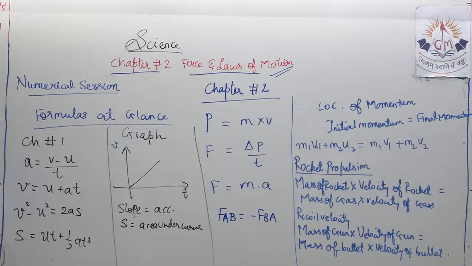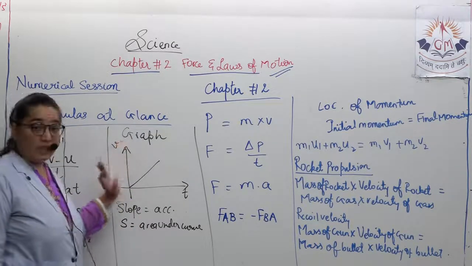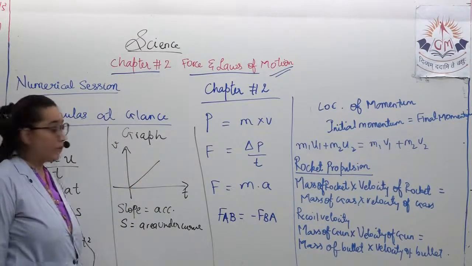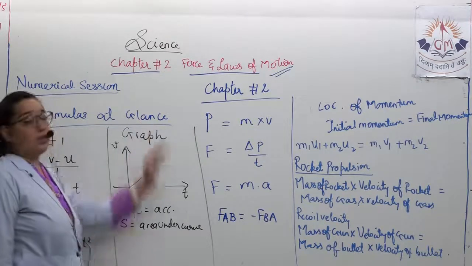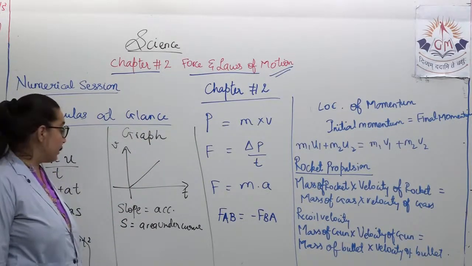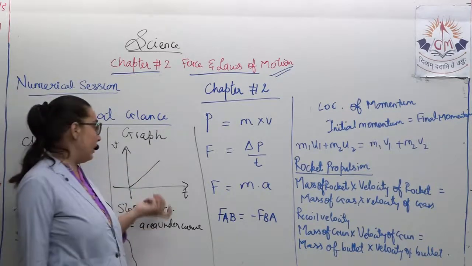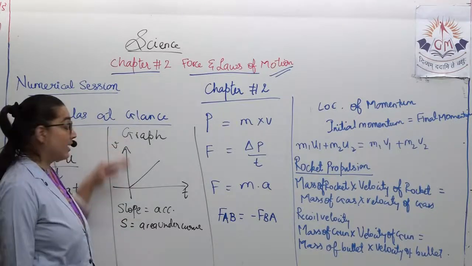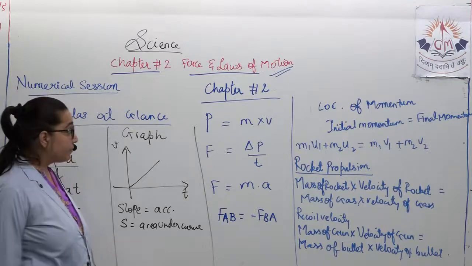For the graph, if it's a velocity versus time graph, then acceleration will be denoted by the slope. If it's a displacement versus time graph, then the slope will give the velocity. And the area under the curve, any curve it may be, will give the displacement. That is again an important concept that you need to recall.